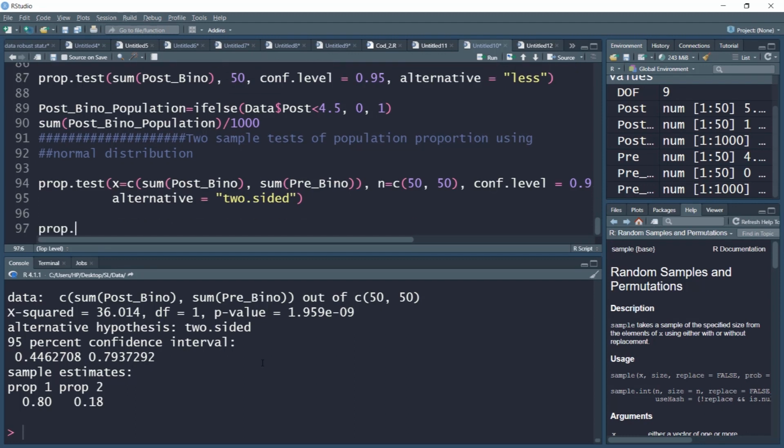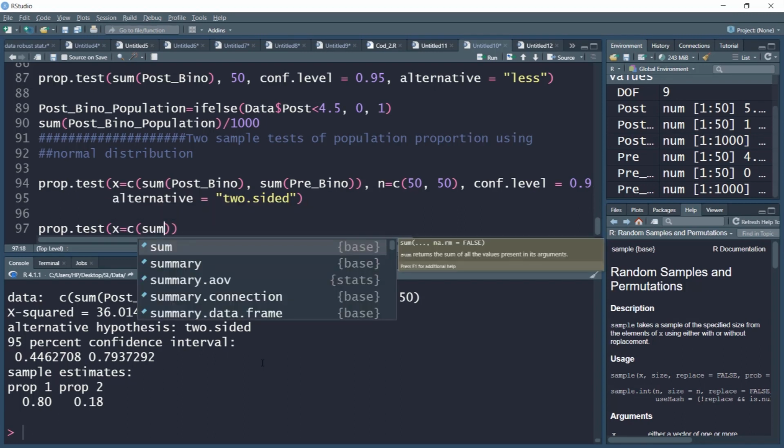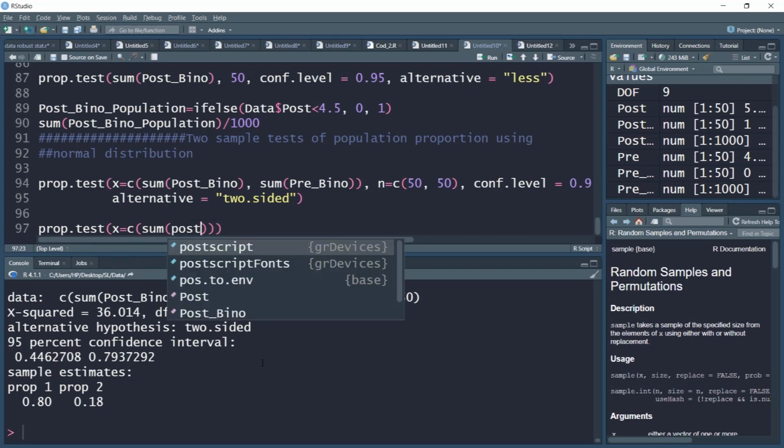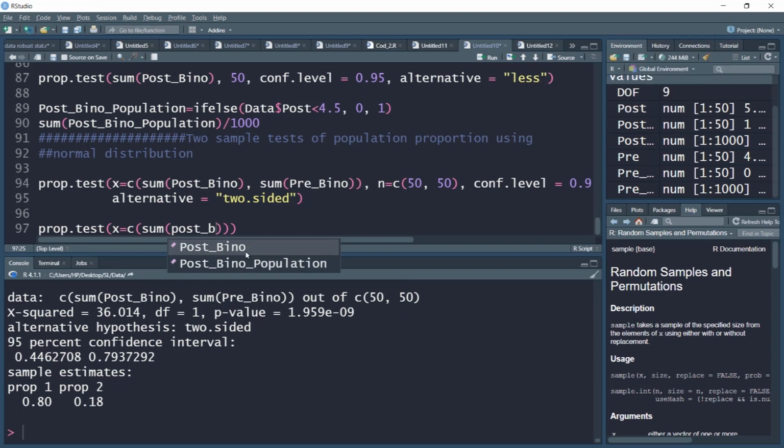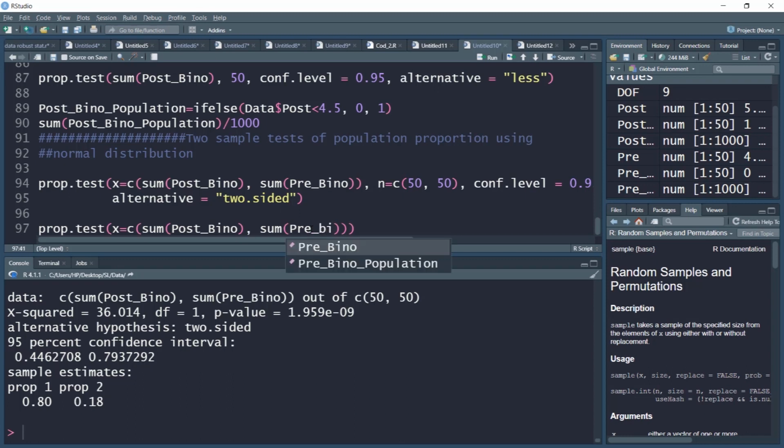So we can conduct them very easily using the same function again. Again, we'll use a similar set of commands, sum of post bino, and we can provide the sum for pre bino. Then we can also supply the sample size as 50-50 for both the samples.